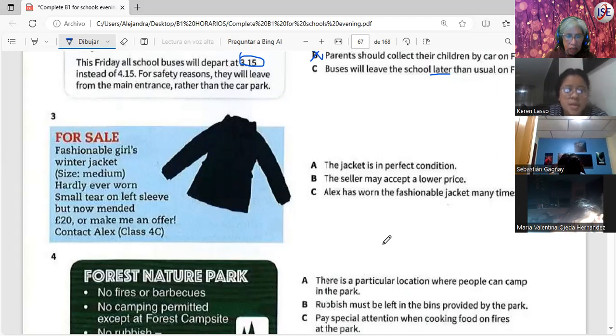What is the meaning of tear? Tear means it is ripped. Rota o descosida. Mended, fixed. Okay, thank you.